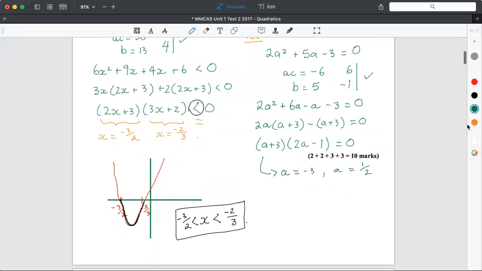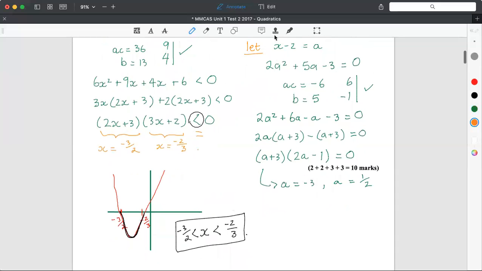But we're not done, because remember, what we did was we let x minus 2 equal a. So we just need to substitute that back in. So don't forget this step. x minus 2, well, a was equal to negative 3, so now x minus 2 must be equal to negative 3. So x equals negative 1, because we add 2 to both sides.